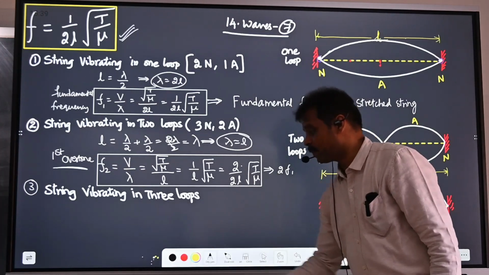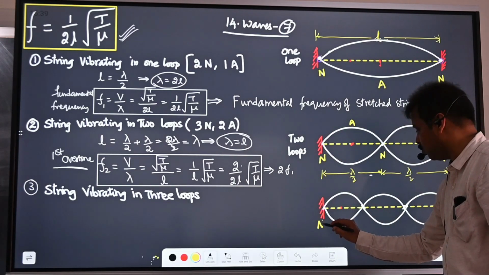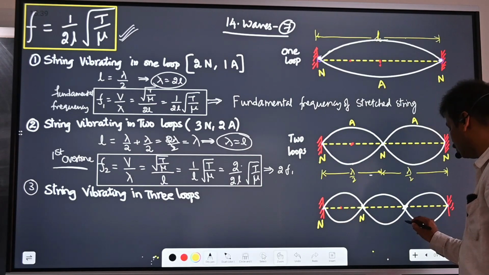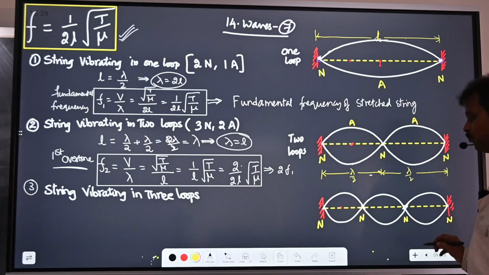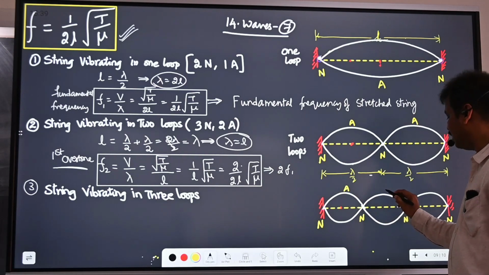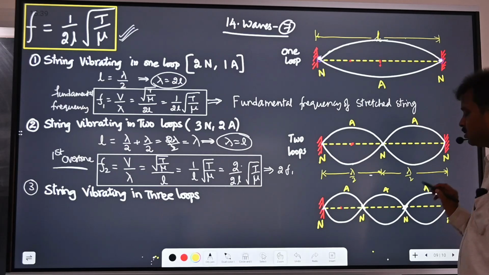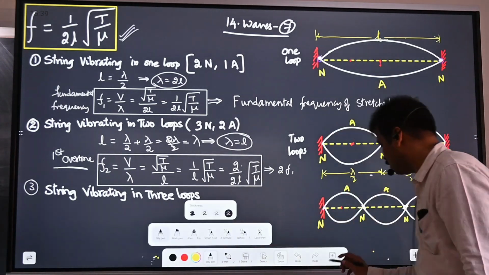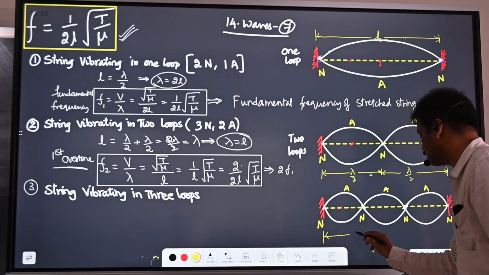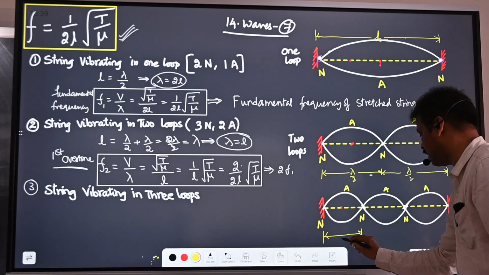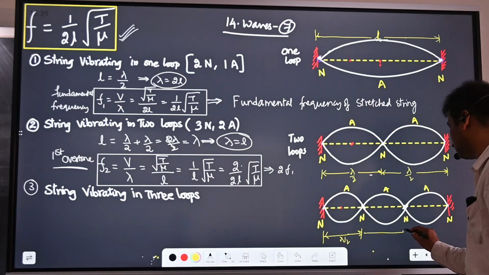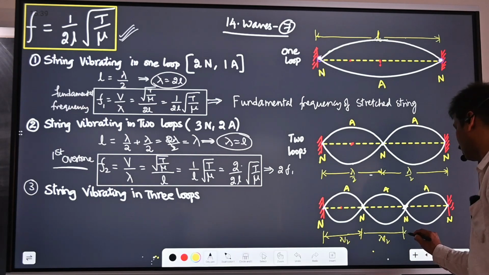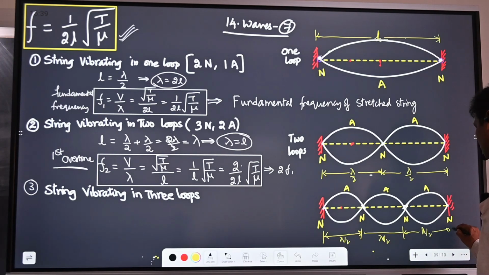How many loops are there? Now I will write nodes. 1, 2, 3, 4 nodes, 3 antinodes. Okay. Now, what is the length of this one? This is lambda by 2. This is lambda by 2. This is lambda by 2.